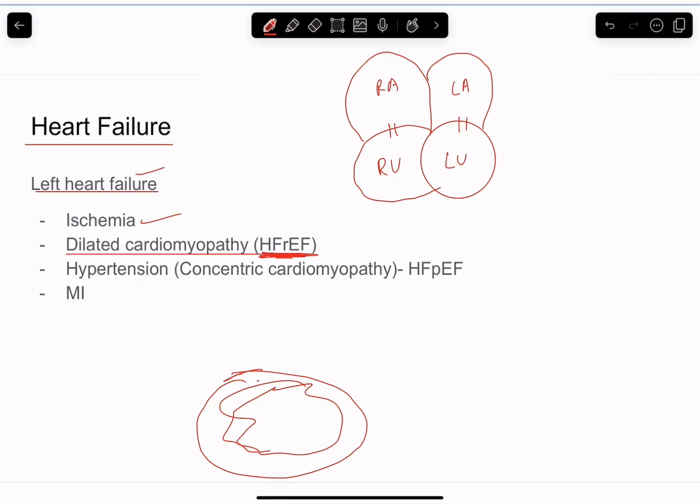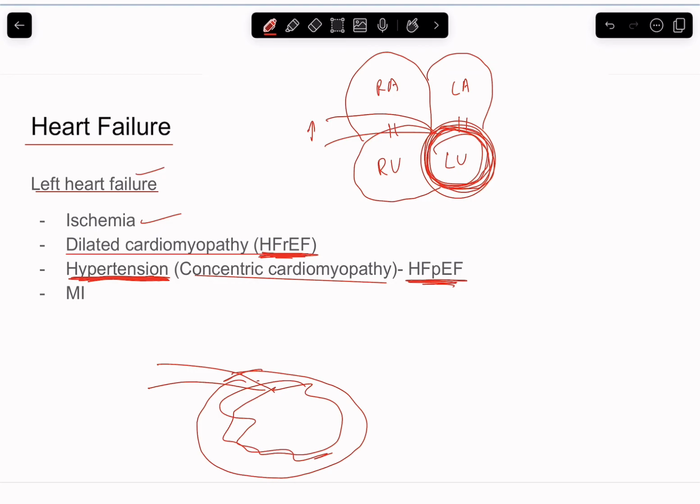perfusion will be reduced. Okay, and when there is hypertension, the cardiac muscle can undergo concentric hypertrophy. It's also called heart failure with preserved ejection fraction. In this case, the left ventricle muscles will undergo hypertrophy, when there is increased mean arterial pressure, which causes the heart to push harder.